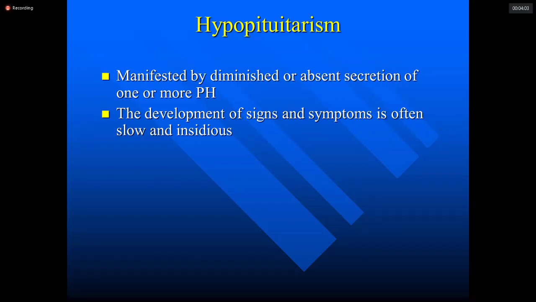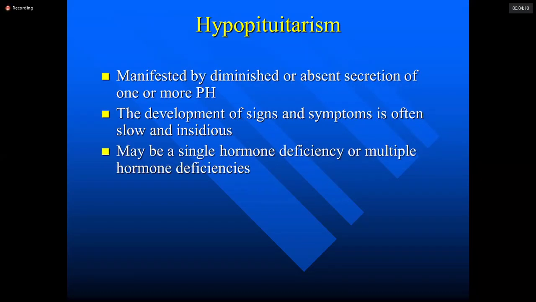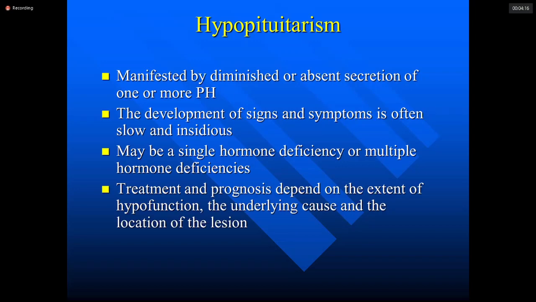Usually it takes a few weeks for the manifestations to become clear and to suspect that the patient is having a pituitary problem. There may be one hormone affected or multiple hormones affected, and so the treatment will depend on the extent of the hypofunction and the underlying cause and the lesion.